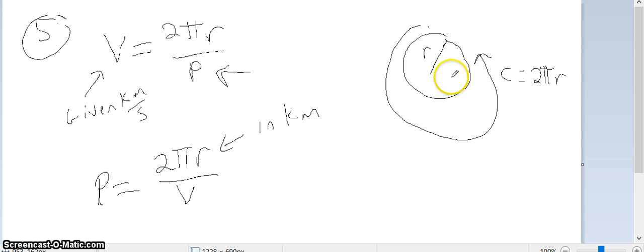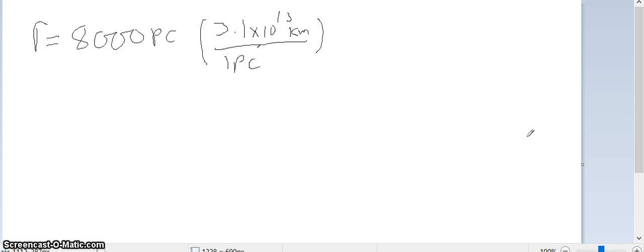The distance r, I think, is the same as problem 2, 8,000 parsecs. But this time we're going to convert it to kilometers. So how do we convert the 8,000 parsecs to kilometers?